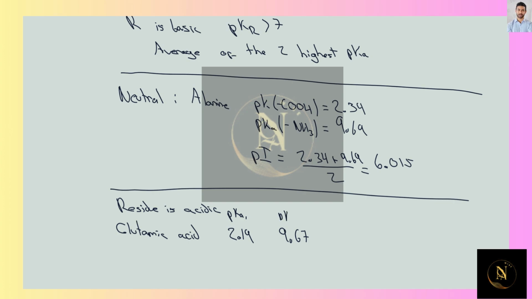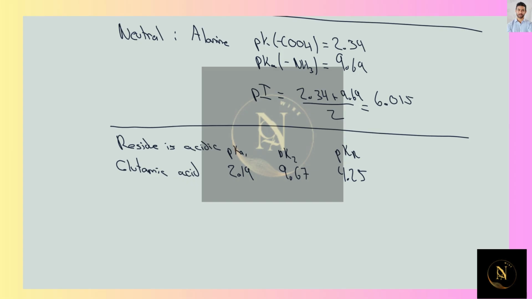This is pK2. And finally, the pK for the residue is equal to 4.25. So the calculation of the isoelectric point, since we have an acidic residue, as you can see here from the pK of the residue, is going to be equal to 2.19 plus 4.25 divided by 2, which gives 3.22.